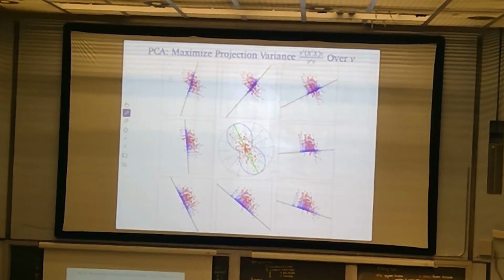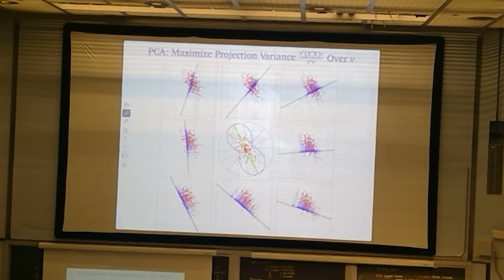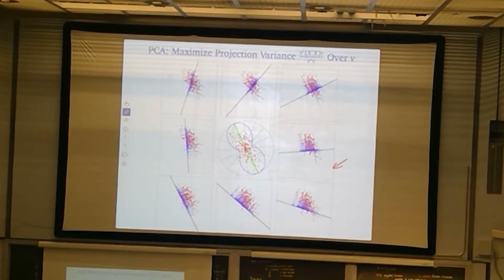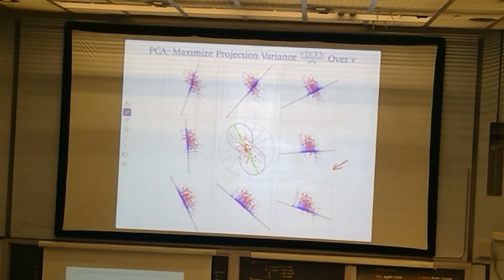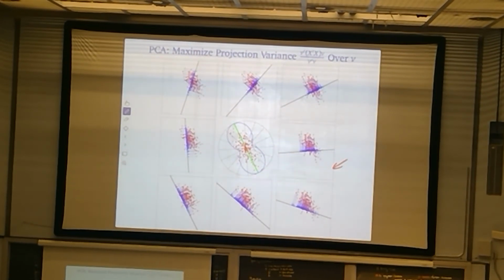And surrounding the center plot, I have a bunch of actual projections based on particular axes. So let's take this as an example, okay? All the red points are identical replicas of the points in the center, okay? And in this plot, the axis I'm considering is this, my V, okay?